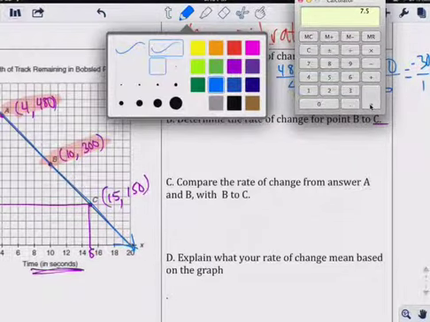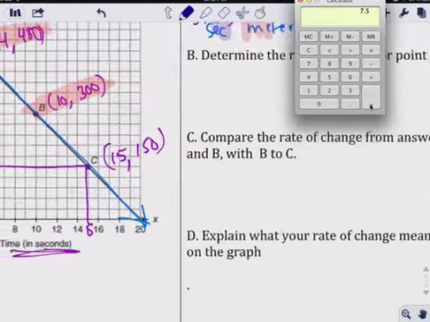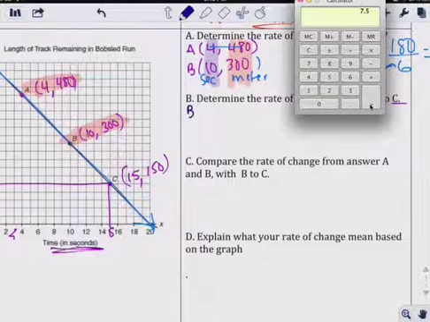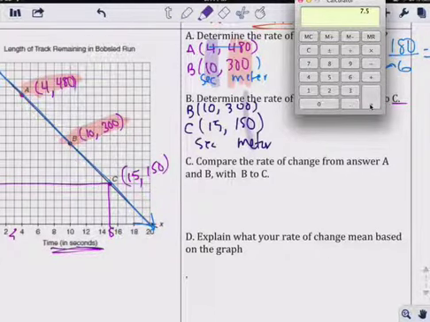Determine the rate of change here, B to C. Okay, B is 10 seconds at 300 meters. C is 15 seconds, you're at 150 meters. So this is seconds, this is the meters. Okay, let's do Y first.